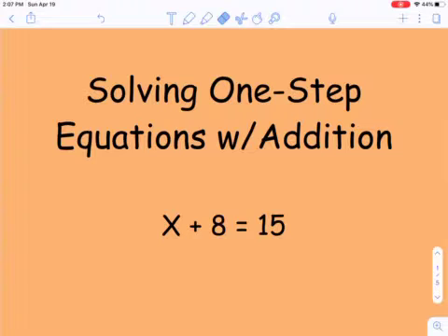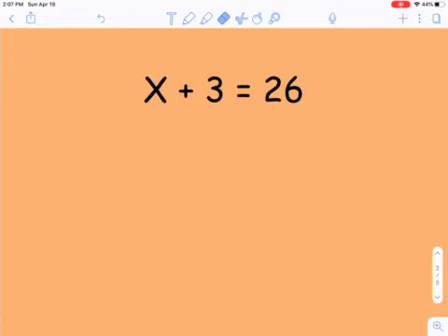As we start looking at our first example, x plus 3 equals 26, think about what I have to do to get the x by itself. The answer in algebra is always that you have a balanced equation.